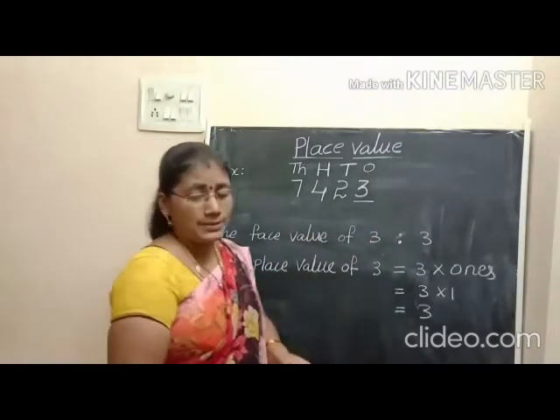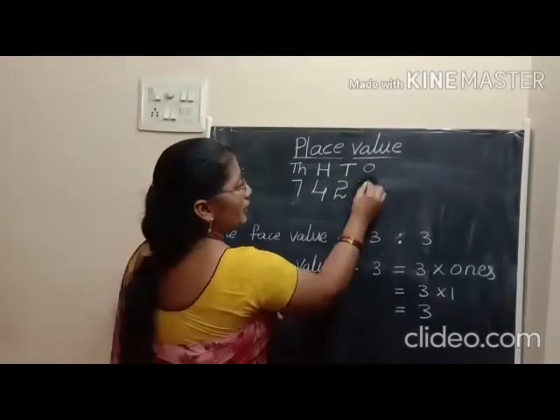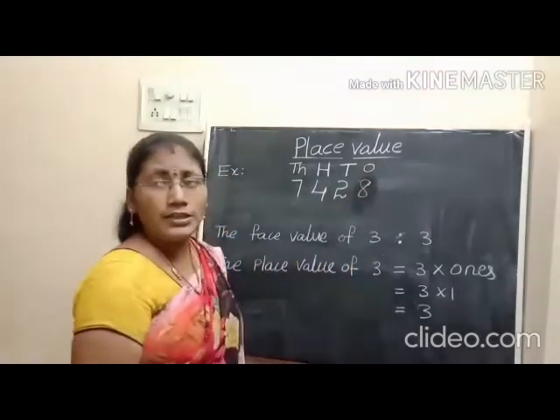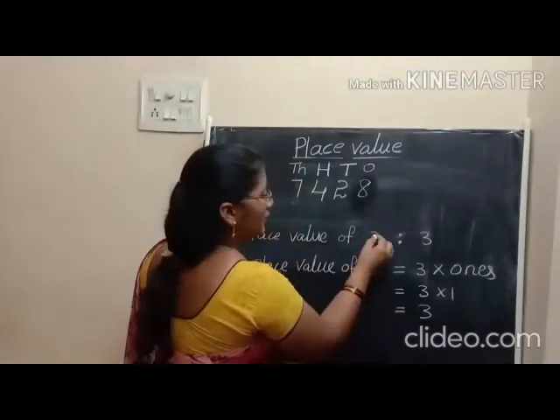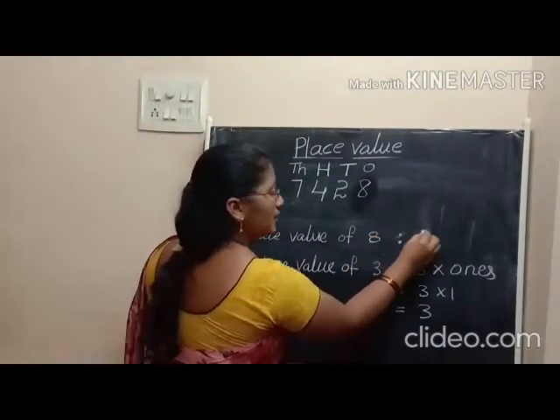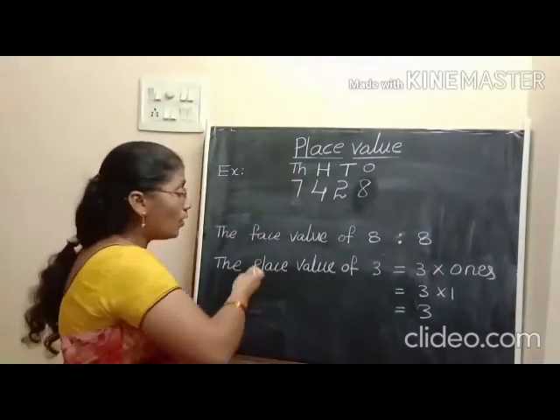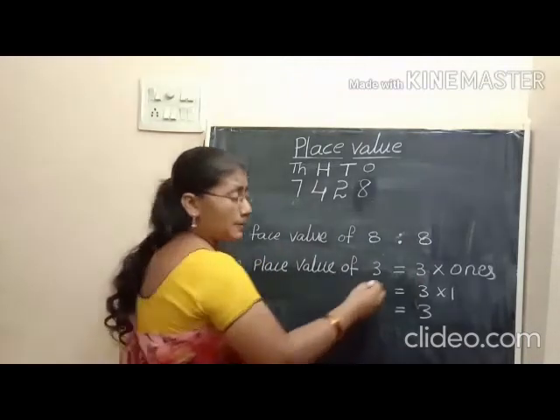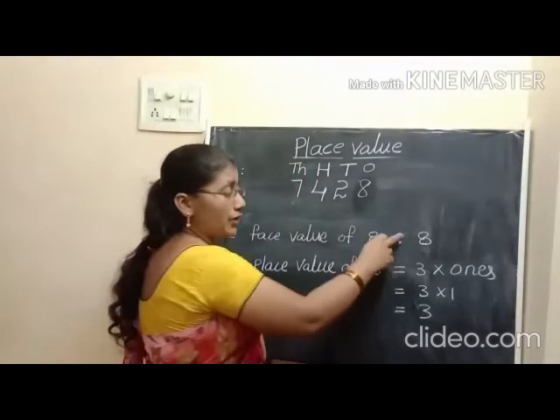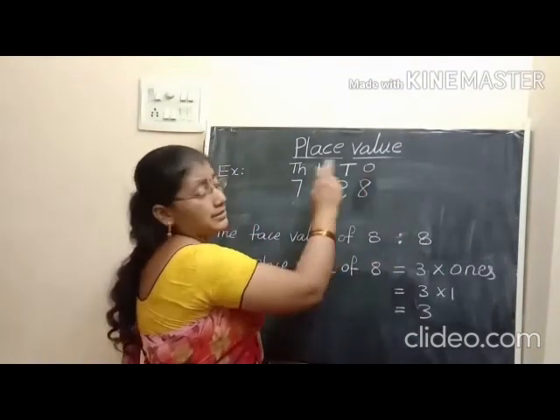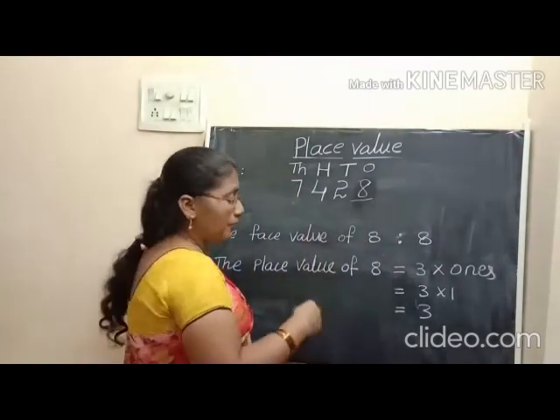Let us see if it is 8. If it is 8, then what is the face value of 8? That is 8. And then what is the place value of 8? The place value of 8 is the product of face value and its place.